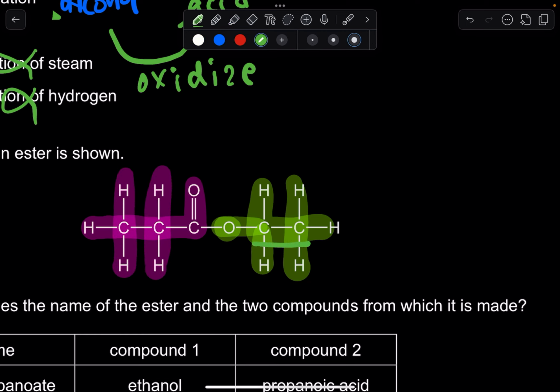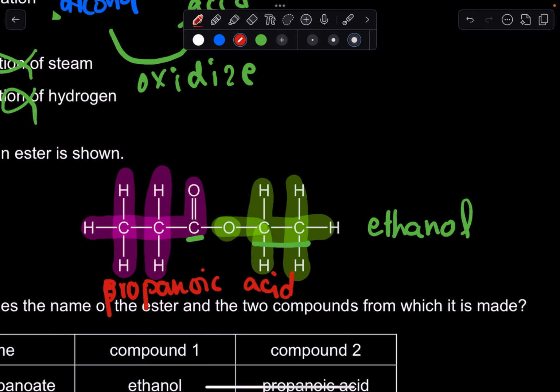I know that a 2-carbon alcohol has to be ethanol, and a 3-carbon acid, it has to be ethanoic or propanoic. I'm just testing you guys. It has to be propanoic acid. So the name of the ester is ethyl propanoate.